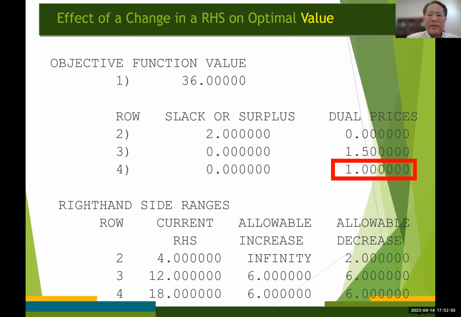So what I mean is, the new objective function value will be 9 times 1. So that is going to be 45.